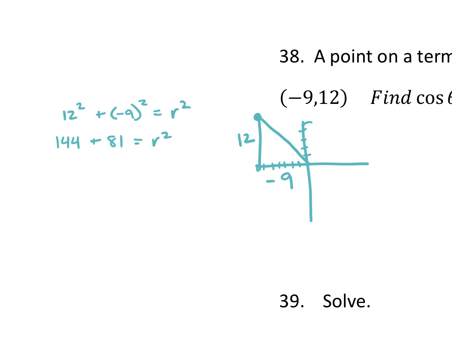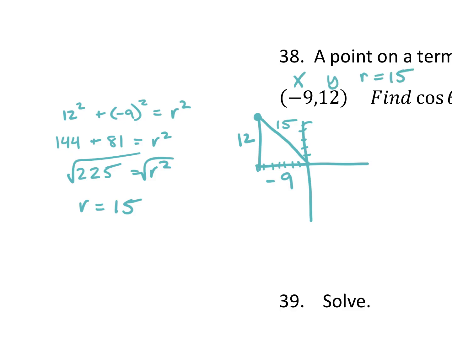So this would be 15. Well, 225 equals r squared. Take the square root, so r equals 15. Is it going to be positive 15 or negative 15? Positive, because r is always positive. So this is our x, our y, and r is 15.